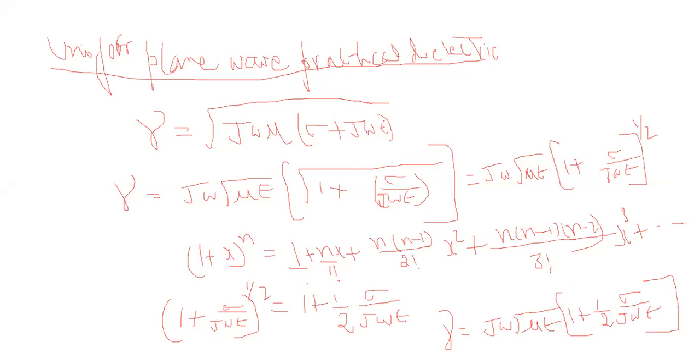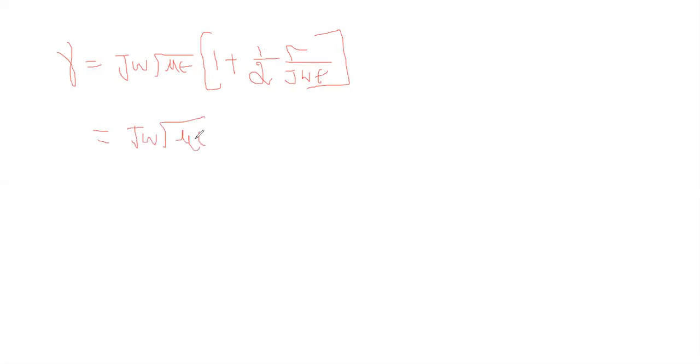Multiplying the terms: gamma is equal to j omega under root of mu epsilon plus 1 by 2 under root of mu epsilon into sigma by epsilon.